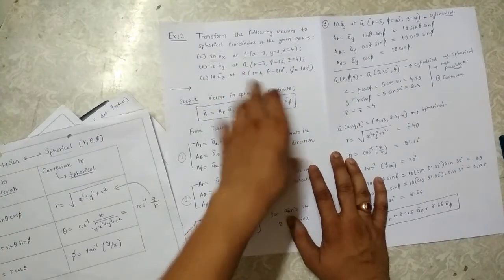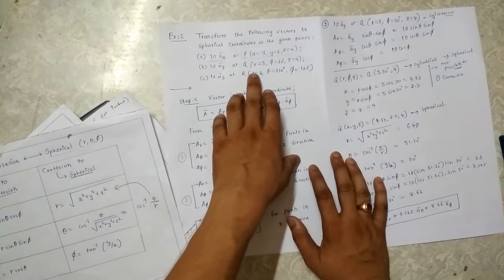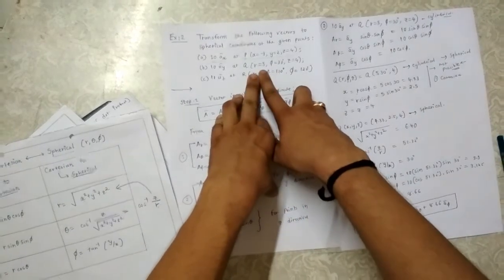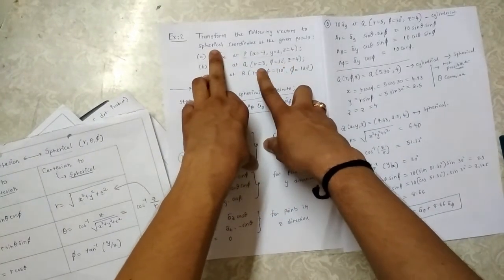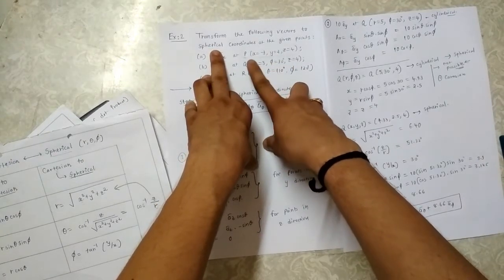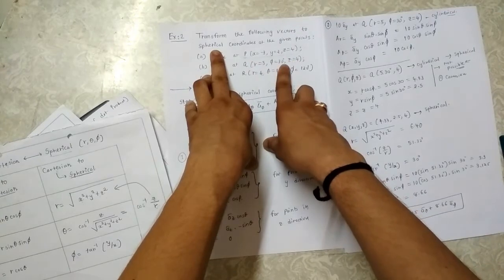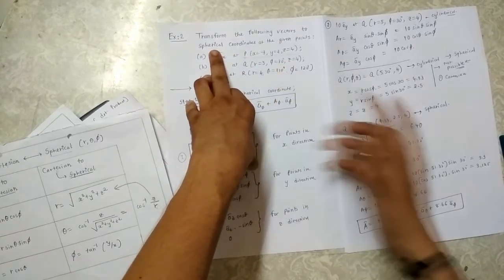That means our Q point is given in r, phi and z, that means in the cylindrical system. Okay, so we can't convert any system which is in cylindrical directly to spherical. We have to convert this cylindrical to Cartesian, that is in x, y, z, then we can convert that into spherical. So how will we do that?